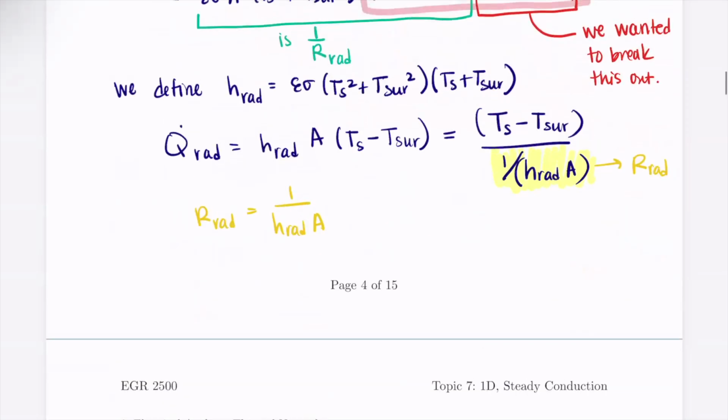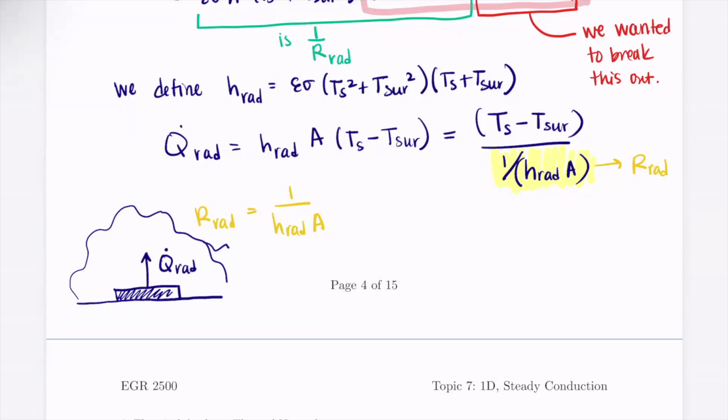convection. So if I draw this as a mechanical system as well as an electrical equivalent, we have some little object right here and it is losing heat due to radiation. So we have T surroundings, the temperature of our surroundings. And on this material, we have epsilon, we have A, and then we have Ts.